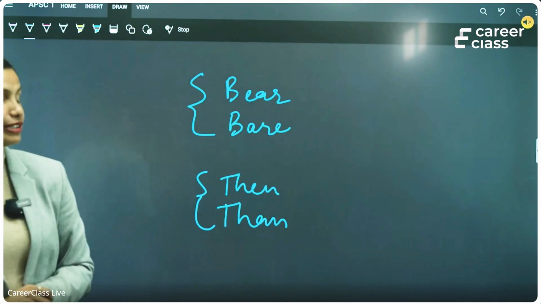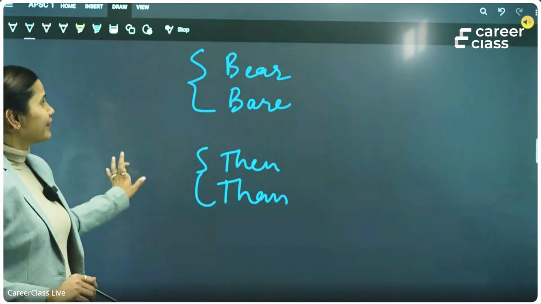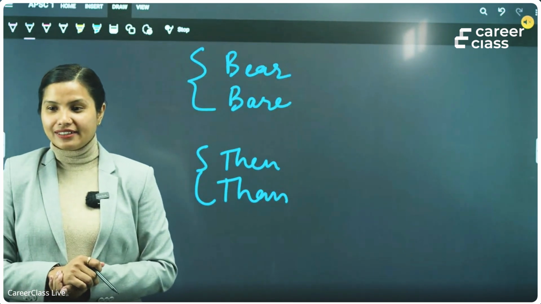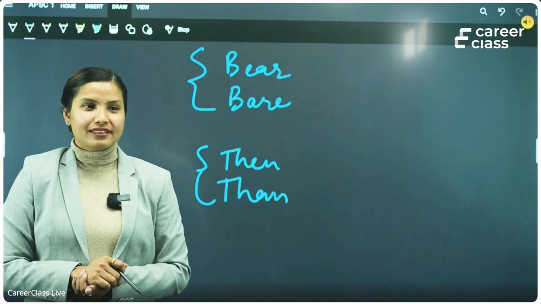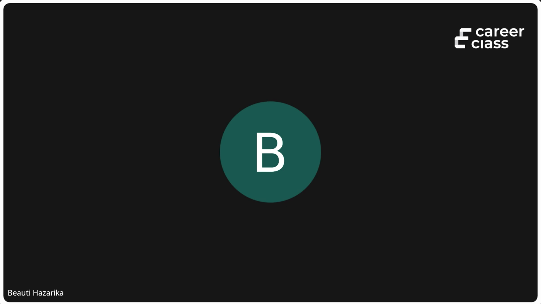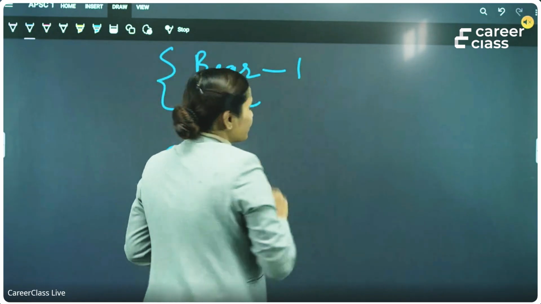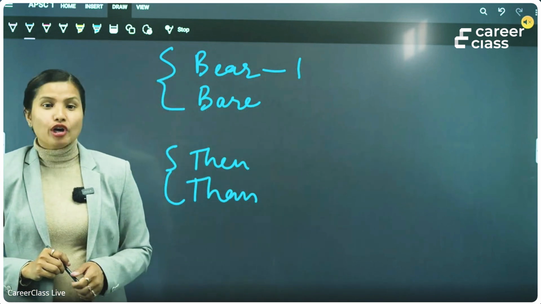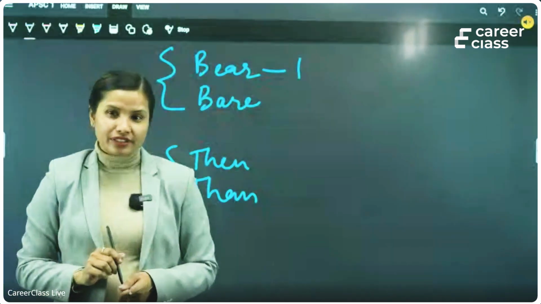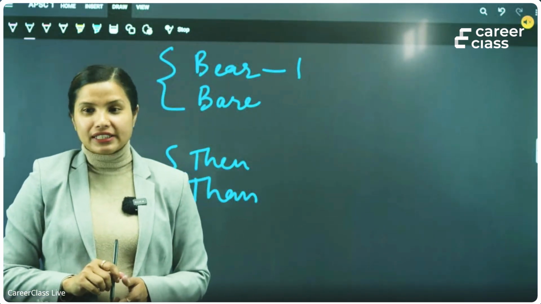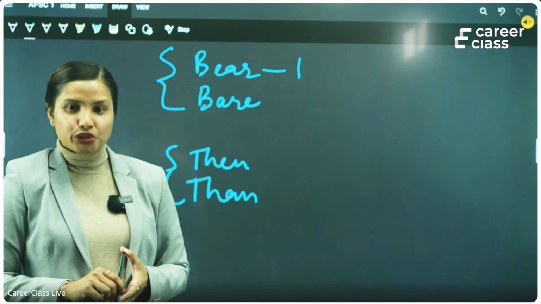Give us an example with bear and bear. Bear is also brown color. Bear is also brown in color, or bears can be found in brown color too.